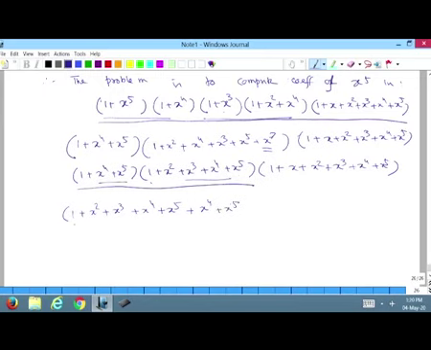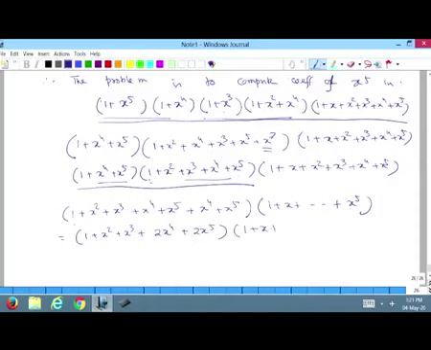All other terms are going to be greater than 5, so we do not need them, multiplied by 1 plus x plus up to x to the power 5. This is equal to 1 plus x square plus x cube plus 2x to the power 4 plus 2x to the power 5, multiplied by 1 plus x plus up to x to the power 5.